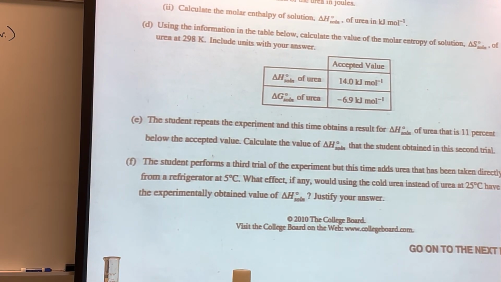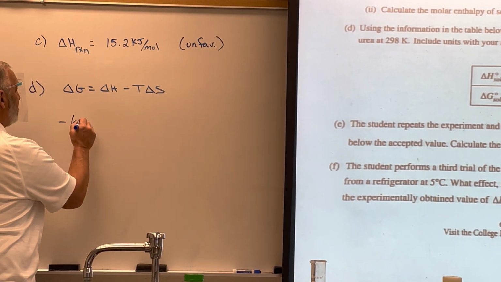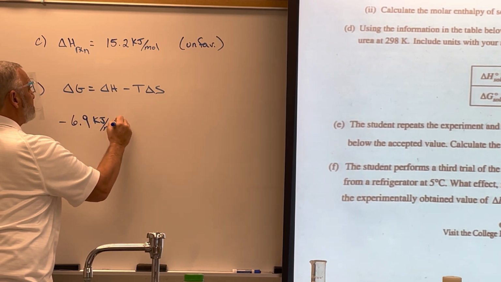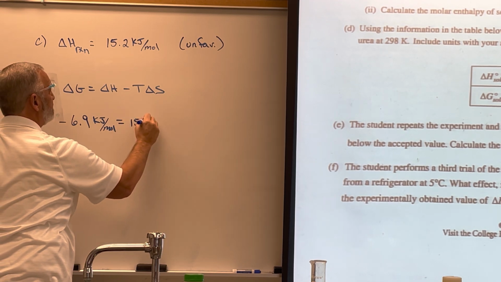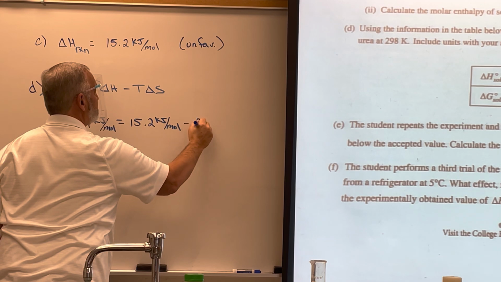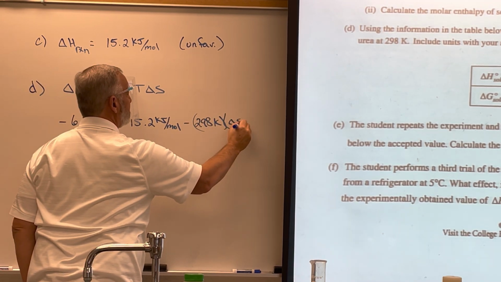So delta G is negative 6.9, so again it came out negative, which is why the reaction occurred, is equal to delta H, which we calculated to be 15.2 kilojoules per mole, minus 298 K times delta S.